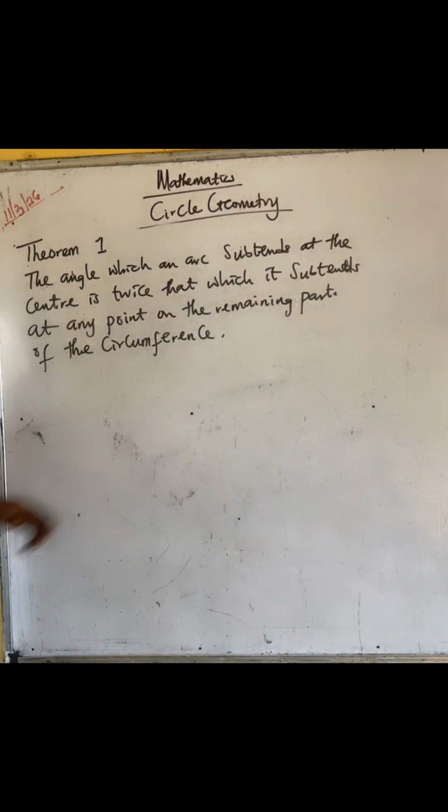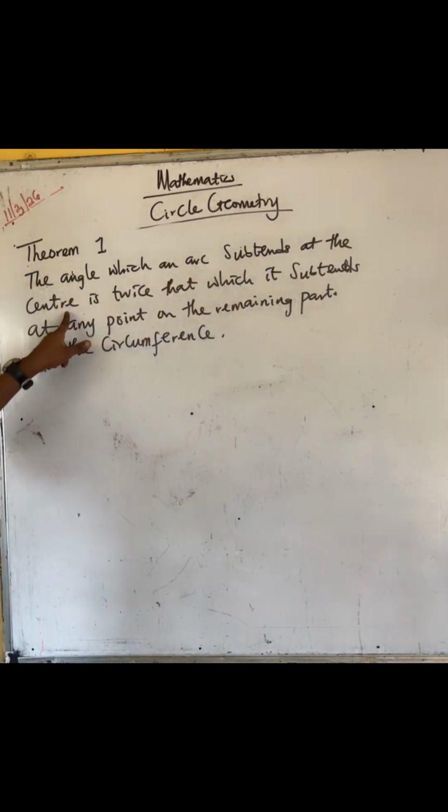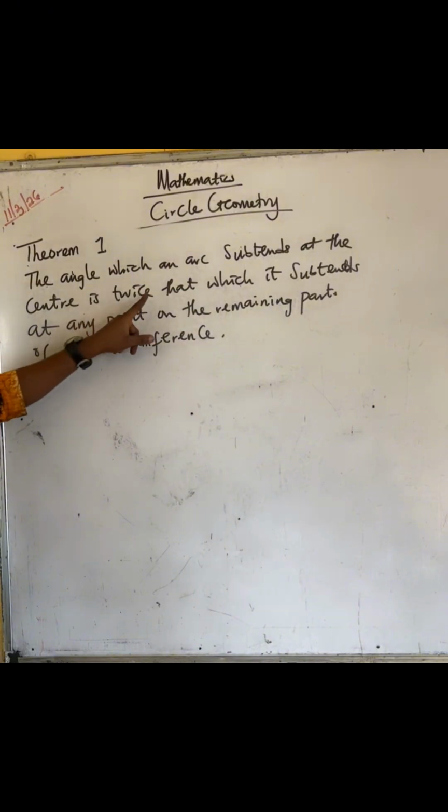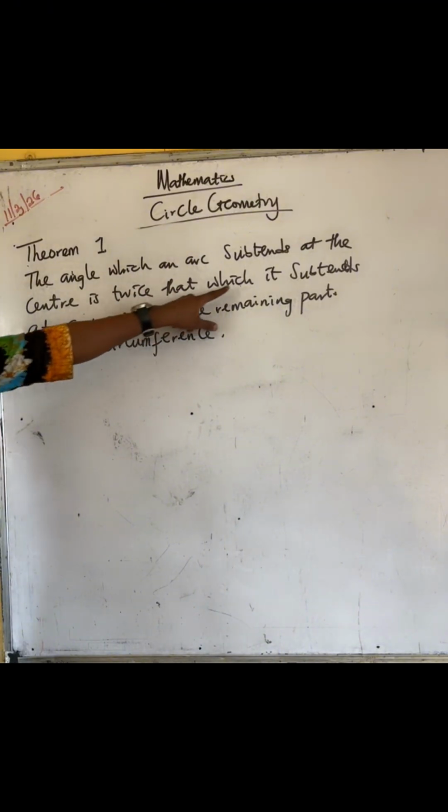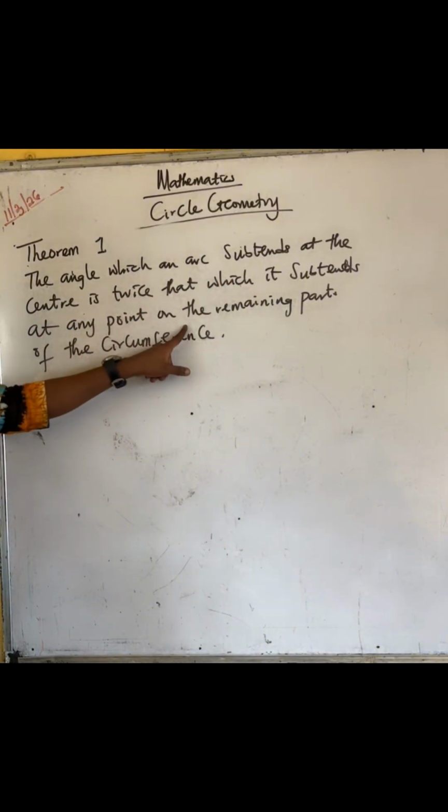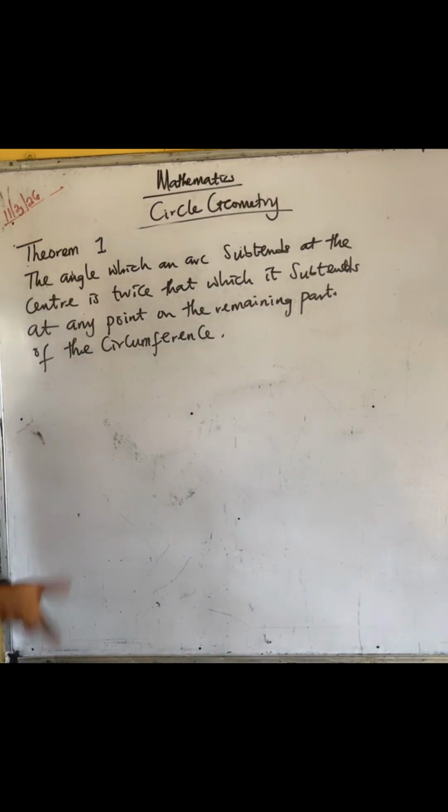The angle which an arc subtends at the center of a circle is twice that which it subtends at any point on the remaining parts of the circumference.